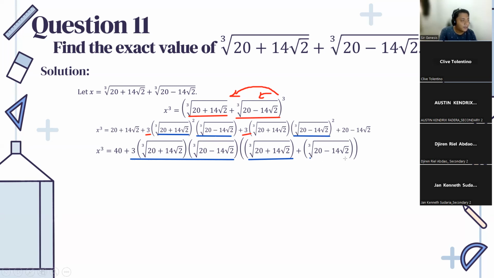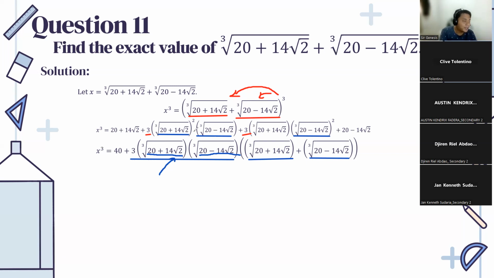Now, here, you will see that this expression, when multiplied, since they have the same index, then we can multiply the radicands. And if you look at the radicands, they are possible factors of difference of two squares.